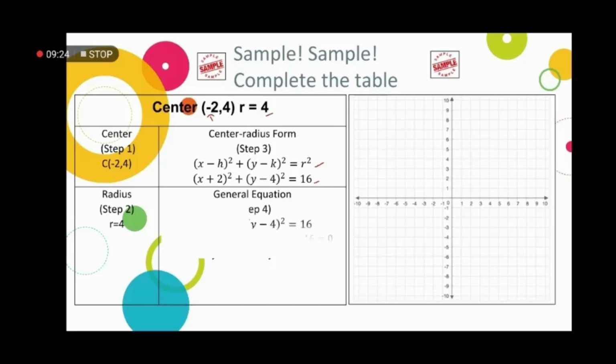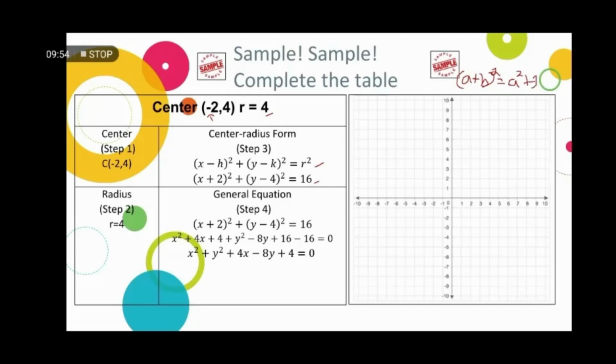The next step will be the general equation. We will just expand the center-radius form and rearrange it. For the square of a binomial, we have the formula (a plus b) squared equals a squared, the square of the first term, plus 2ab, plus b squared, the square of the second term.